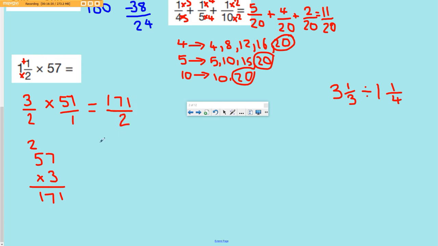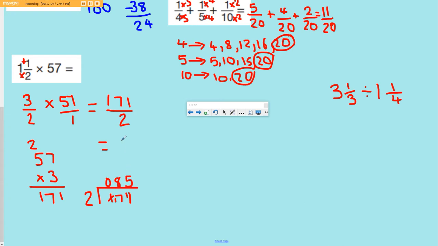It's also sometimes better for us to write this as a mixed number. So let's do the next step. 2 into 171. 2 into 1 we can't, so bring the 1 and then 2 into 17. 2 eights are 16, and carry the 1. 2 into 11 is 5.